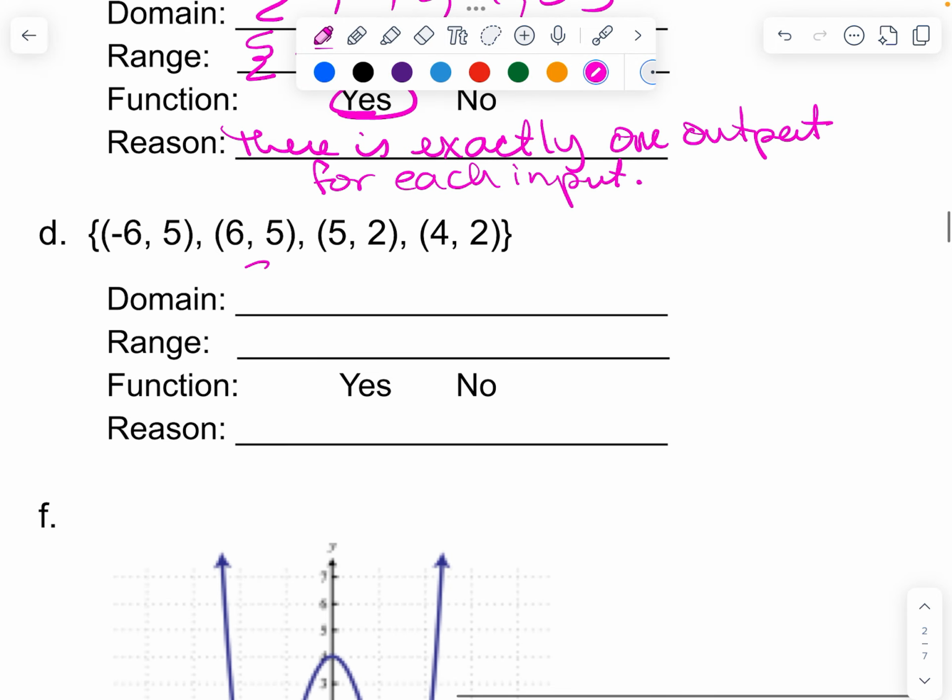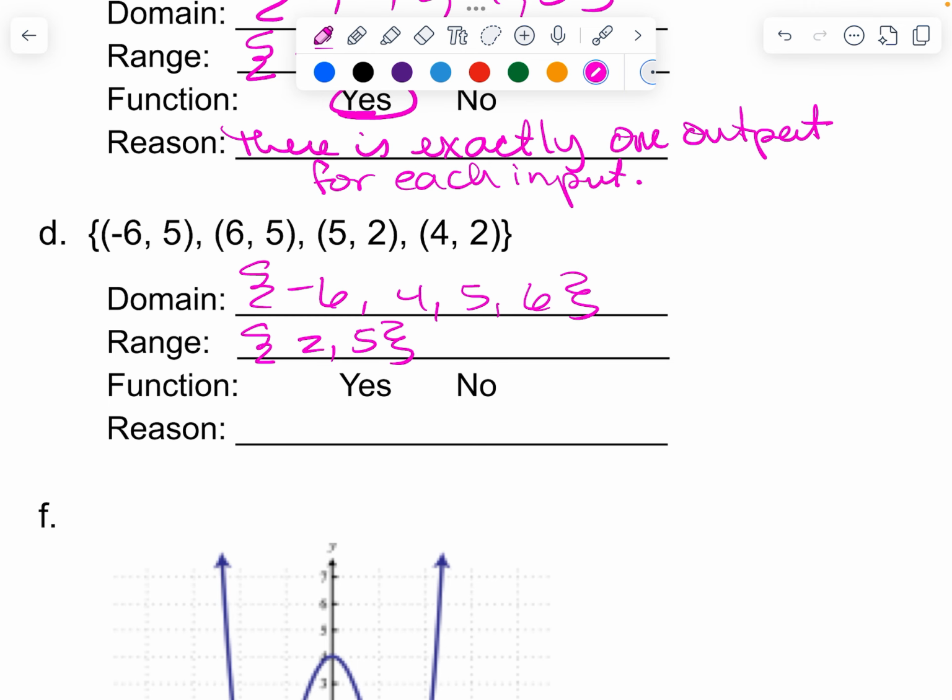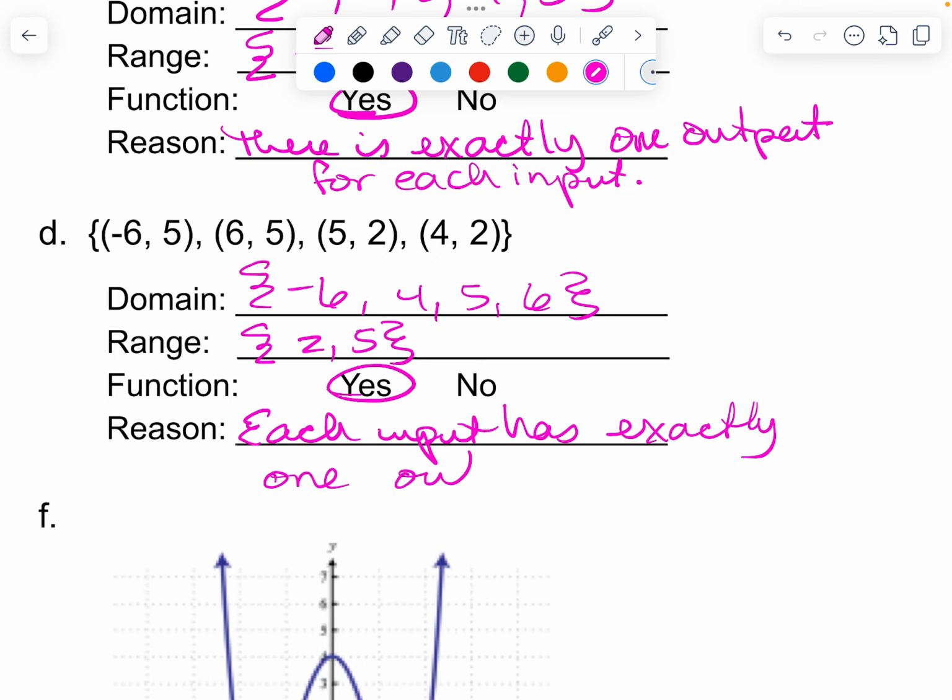This next one, domain, let's see, -6, 4, 5, 6. Range, 2 and 5. Is it? Yes. Each input has exactly 1 output.